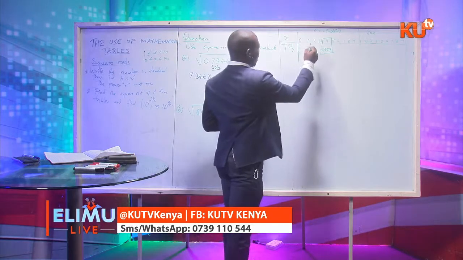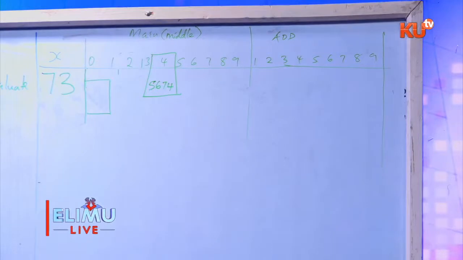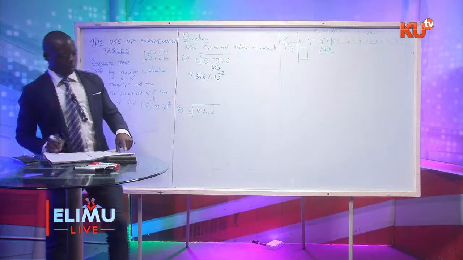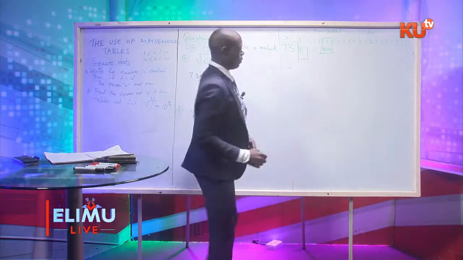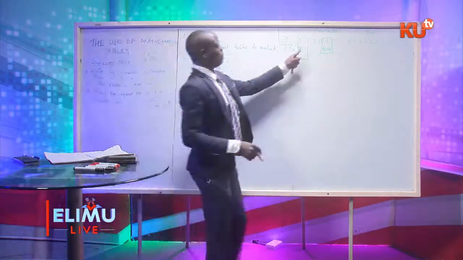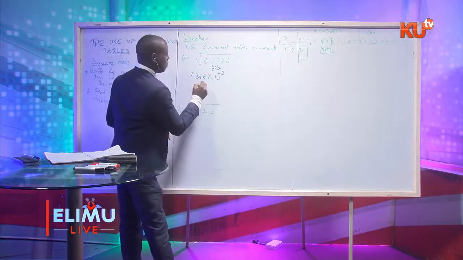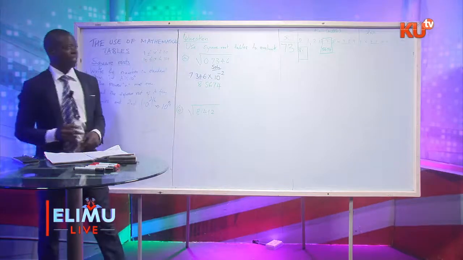So if you check at this first point of every column, you'll find the first number to start with. So under 73, all the values are starting with 8 point, if you check from your tables. So it means 73.4 should give us 8.5674. That is what is in the column.